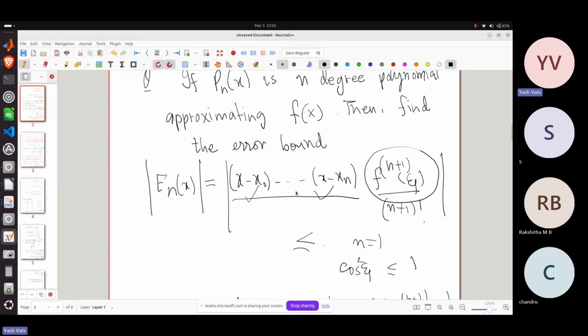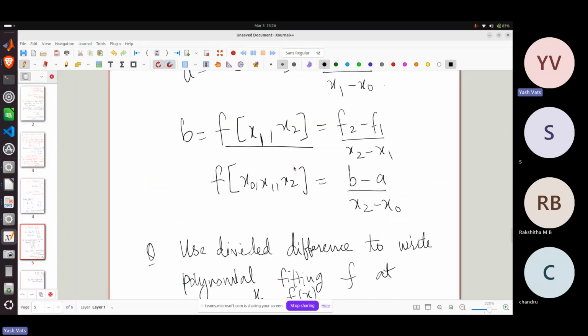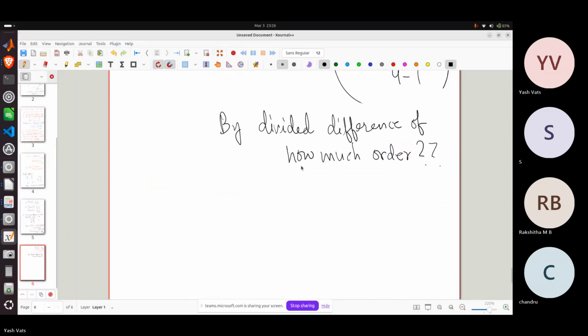So the order of error is 3 in this case.